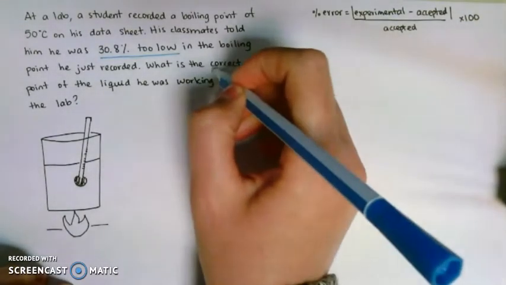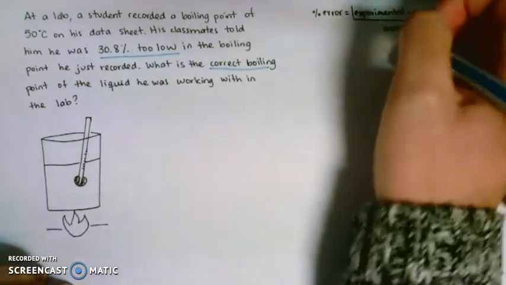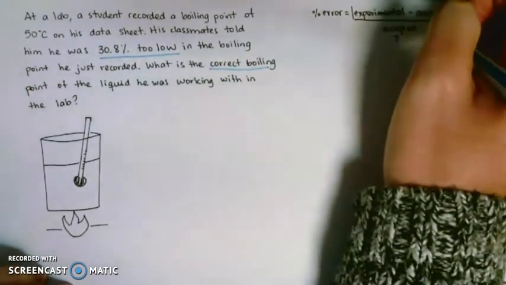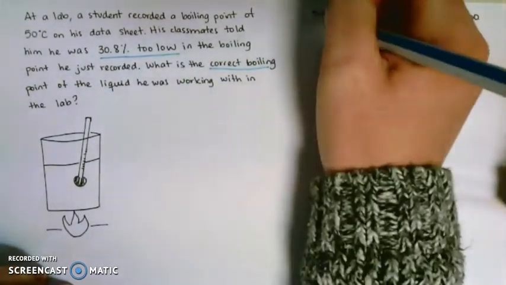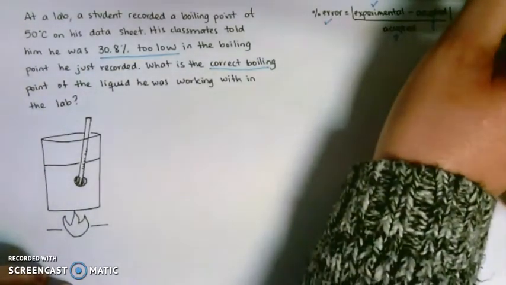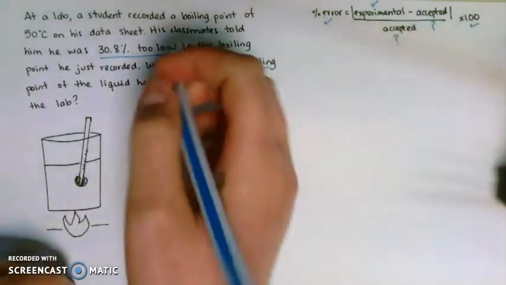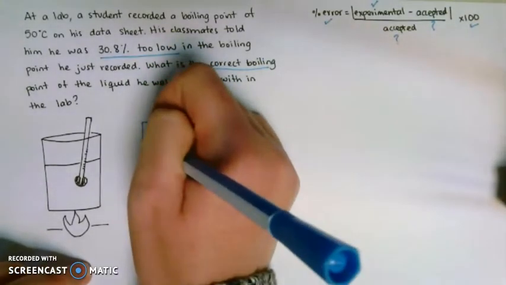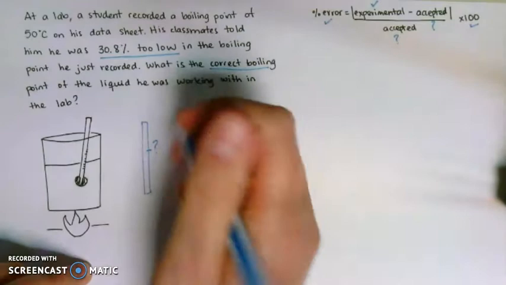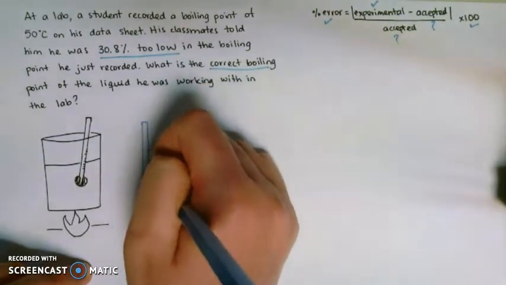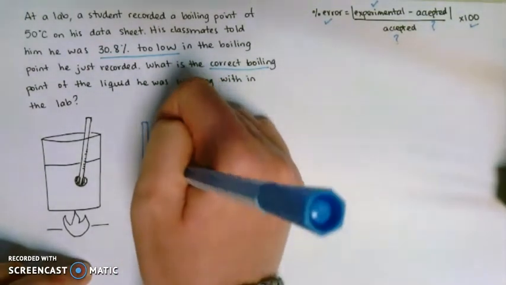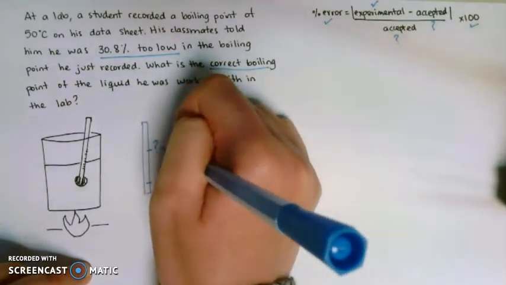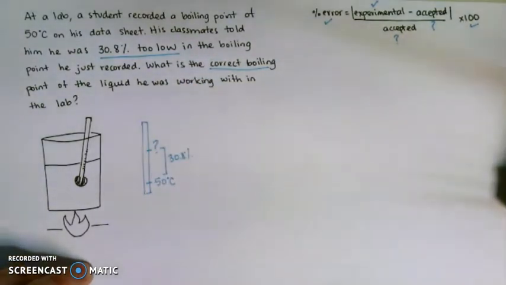So in this case, we're also trying to find the accepted value. We have the experimental, and we have the percent error, and we have the 100. This is the value that we're looking for, and we had 50 degrees Celsius, and this is a 30.8% difference too low.